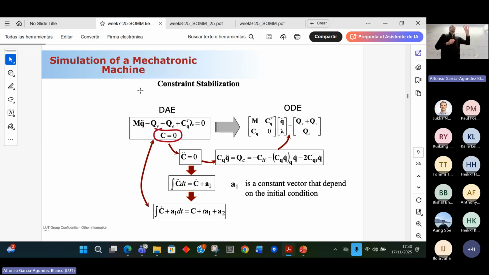So you usually have a number of degrees of freedom, but the number of generalized coordinates is usually greater than the number of degrees of freedom, okay? And these generalized coordinates are related by these constraints, okay? So in the structure of the equations of motion, you have the dynamic equations and the constraints, okay?